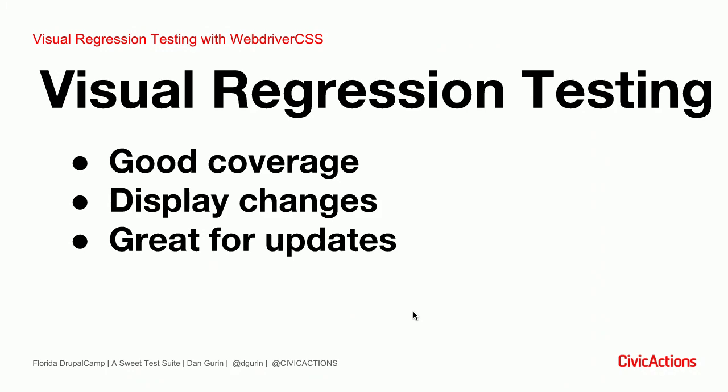You basically take some snapshots of the site before and after changes, and it'll basically take a diff. You can also use it for updates. Maybe you're making updates and you actually do want to see changes, so you want to see that your changes were there, and the visual regression test can tell you, yeah, this is different.